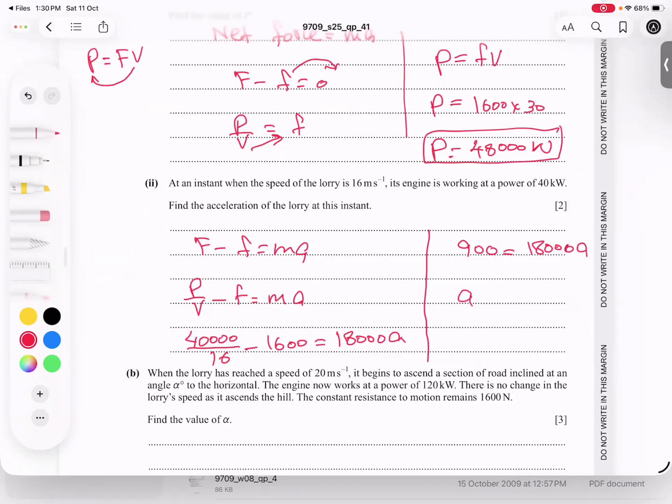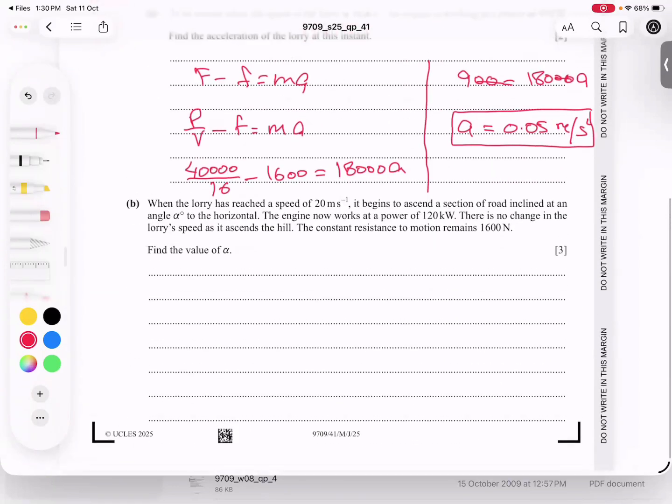So when we divide, the zero cancels out. And 9 divided by 180 is not 0.5, it is 0.05 meter per second square.